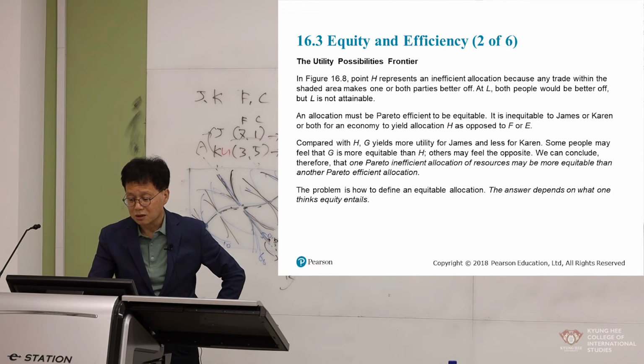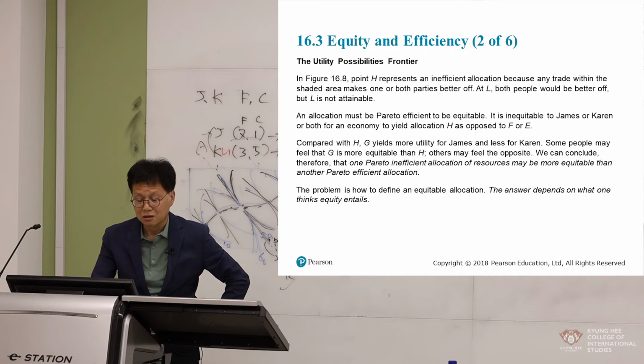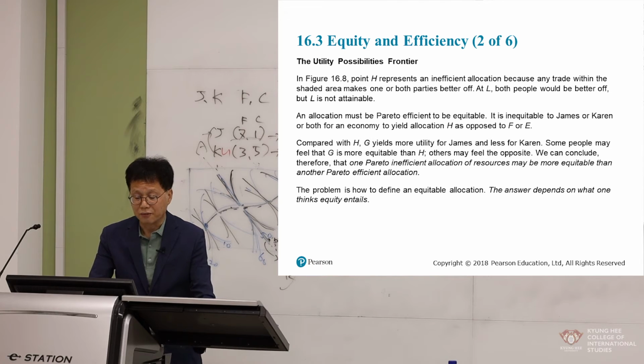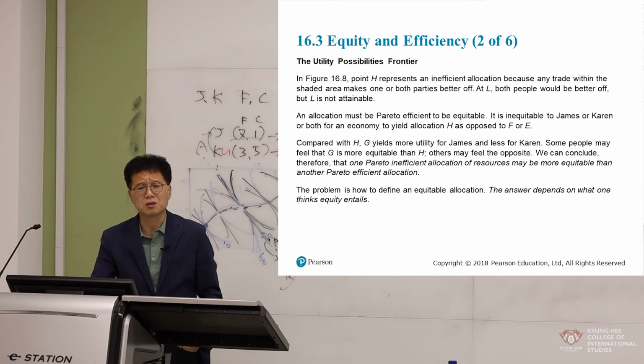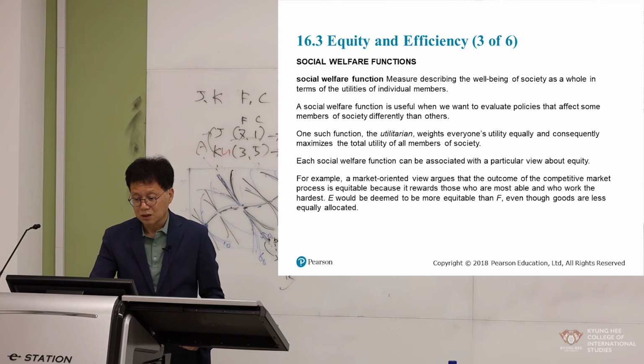The problem is how to define an equitable allocation. The answer depends on what one thinks equity entails. So it depends on definition or your preference. So in that sense, welfare economics is normative instead of positive, right?